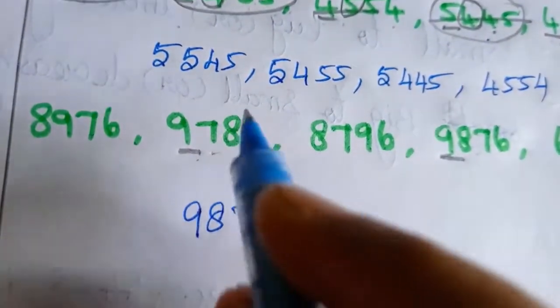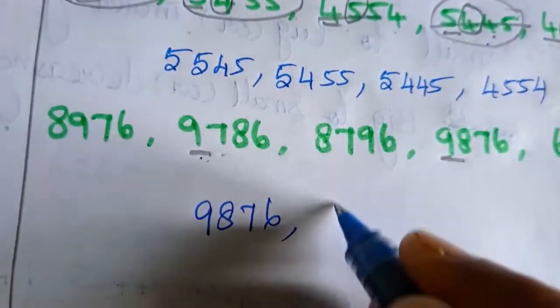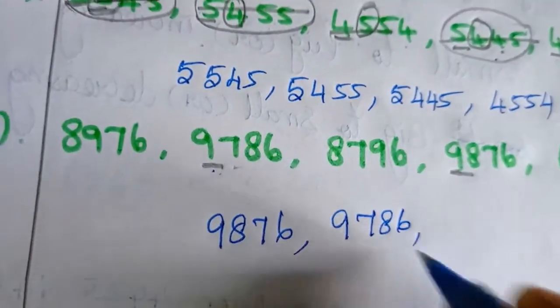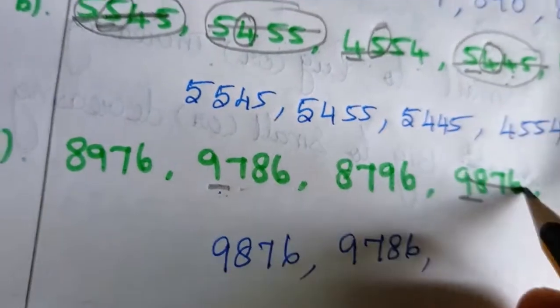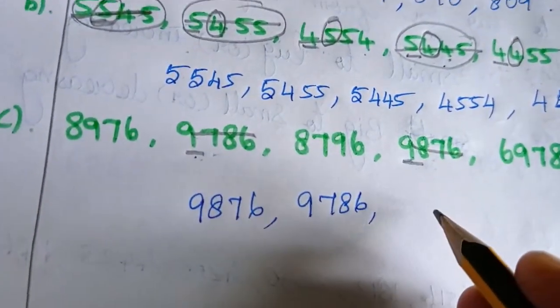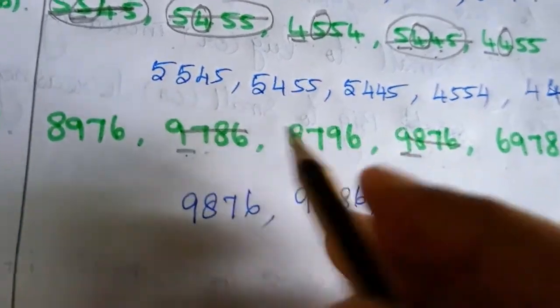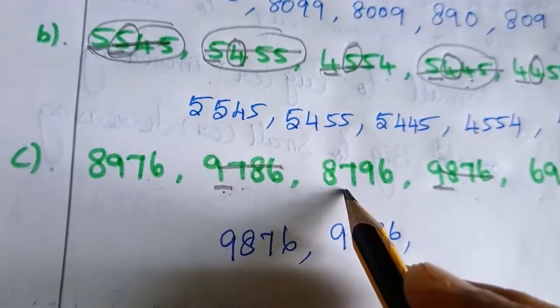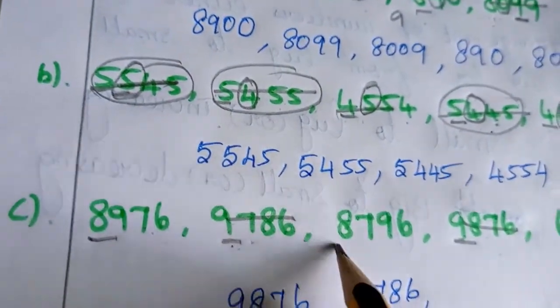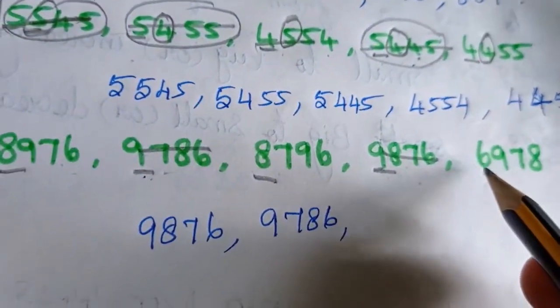Okay. So next, we already found 9786 is the next greater number. Okay children. Then next we have to find the next greater number. So check their 1000 place values. The 1000 place value for this number is 8, this number is 8 and this number is 6.